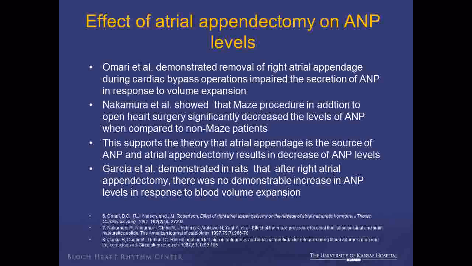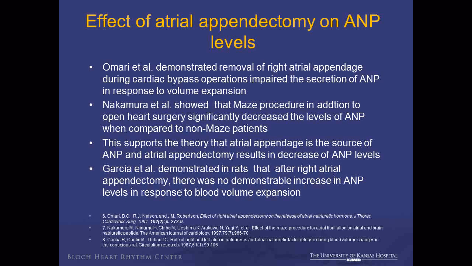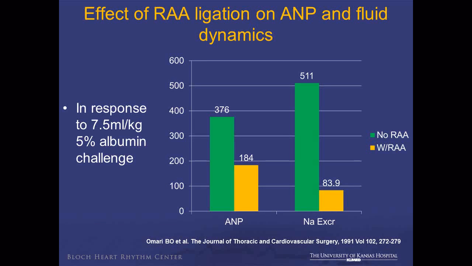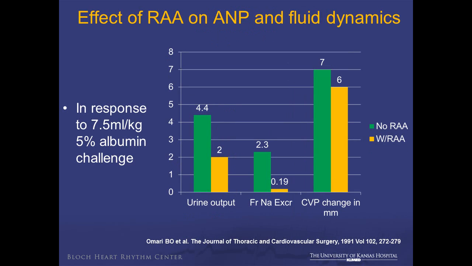So some very elegant early studies that have been done as early as 1985, 88, actually a lot of surgeons looked at these things, looking at what happens to your ANP levels when you ligate all these appendages. And what they have noticed is when you give them a fluid challenge, the ANP release actually dramatically decreased in patients who had an appendectomy.